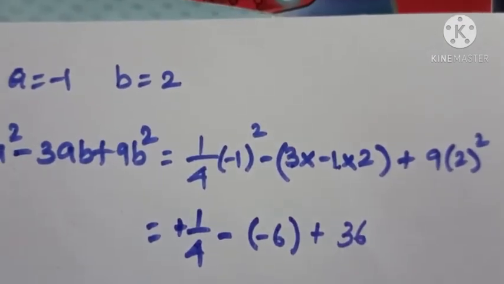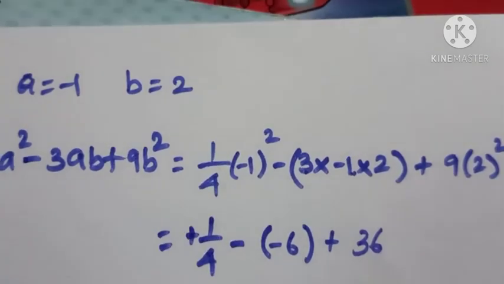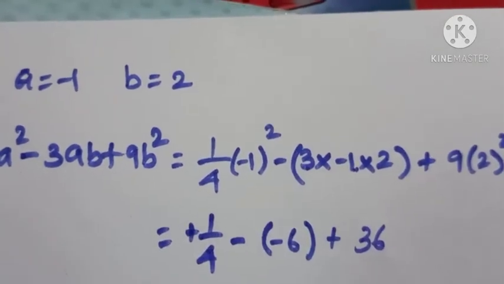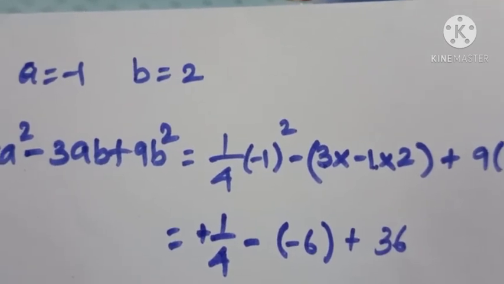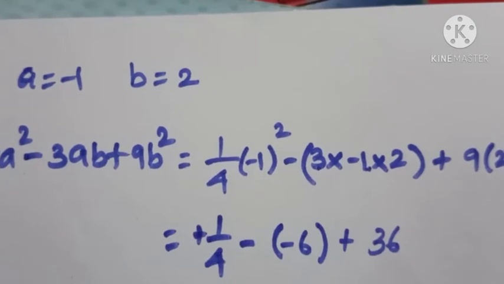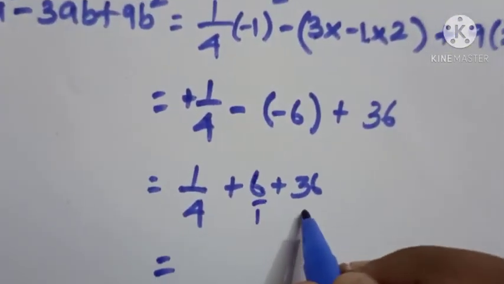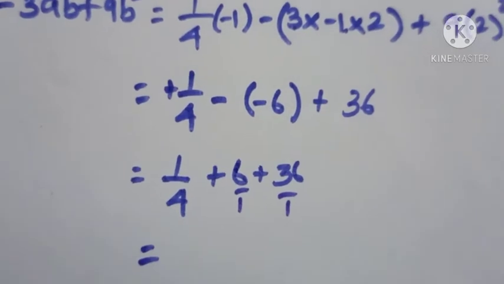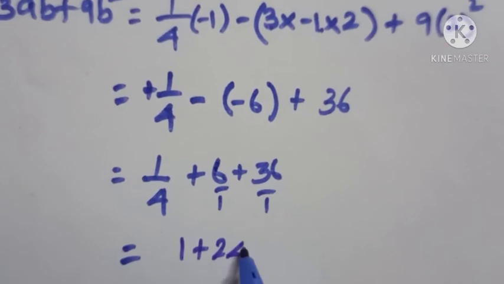1 by 4 plus 6 plus 36. So what we have to do? We need to take the LCM. So here the denominator is 1. You just multiply 1 plus 6 into 4, it is 24.